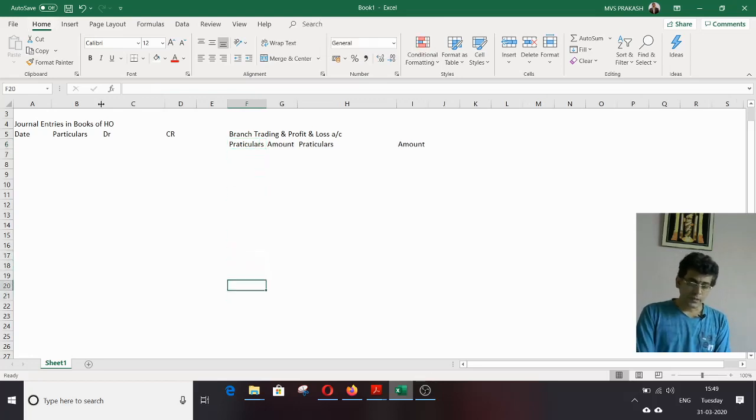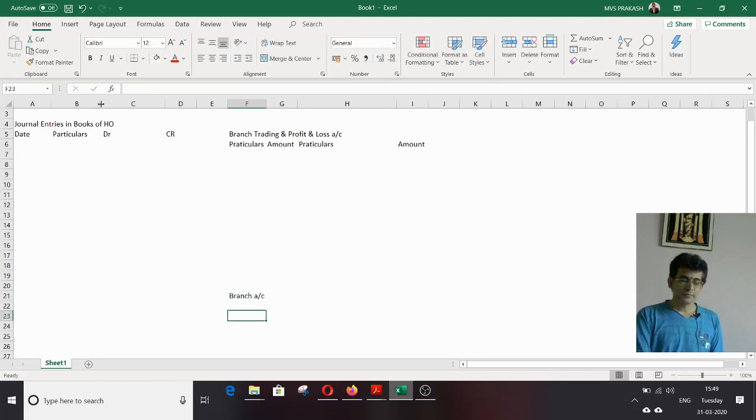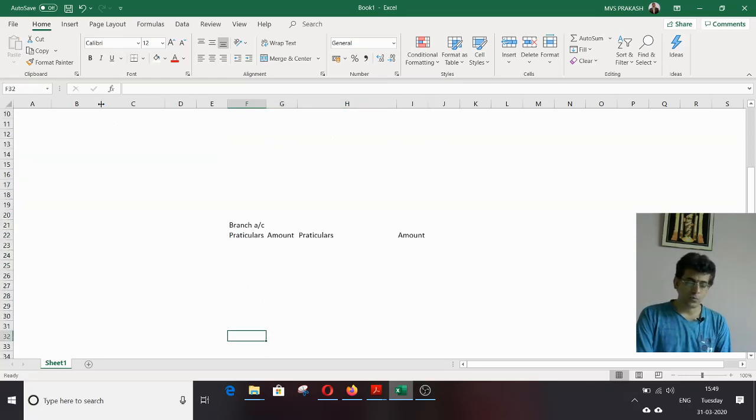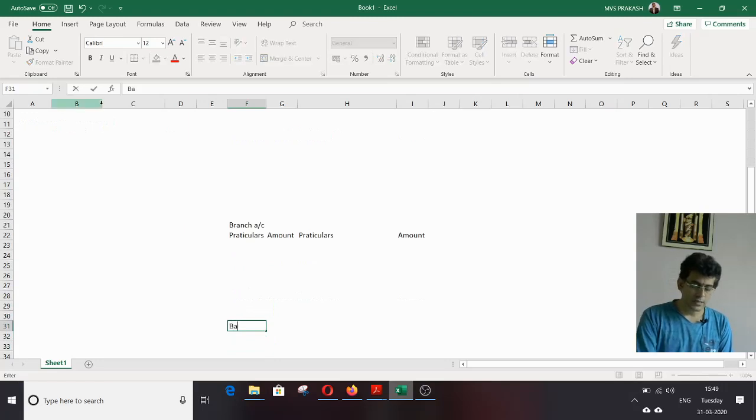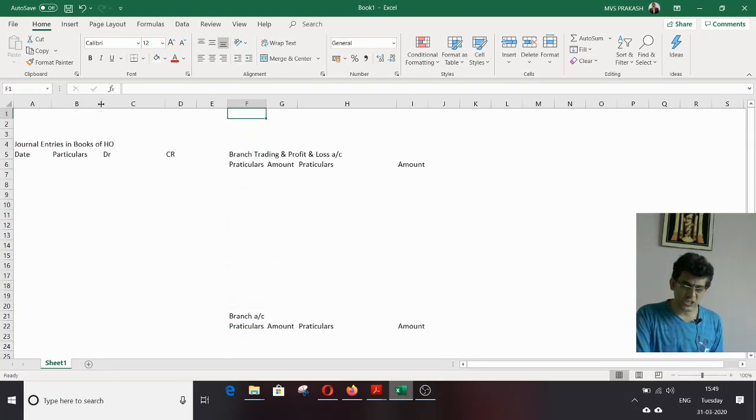Then he is also telling you to prepare something called as the branch account. So if I do based upon first method, my branch account should get tallied. So how do I prepare branch account? Same columns again: particulars, amount in rupees. Now finally, once we are done with the branch account, we need to prepare something called as the balance sheet. All these transactions are happening in the head office books but not in the books of the branch.